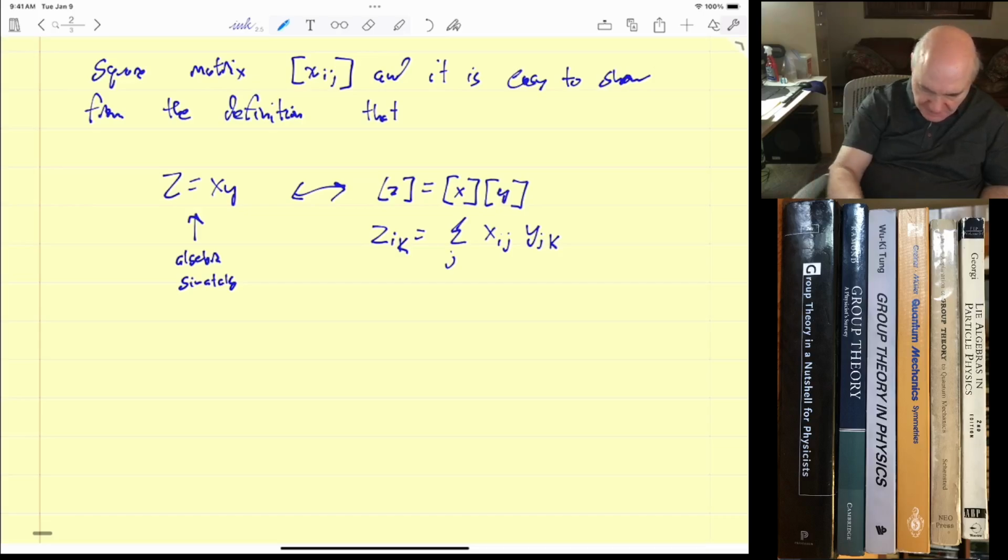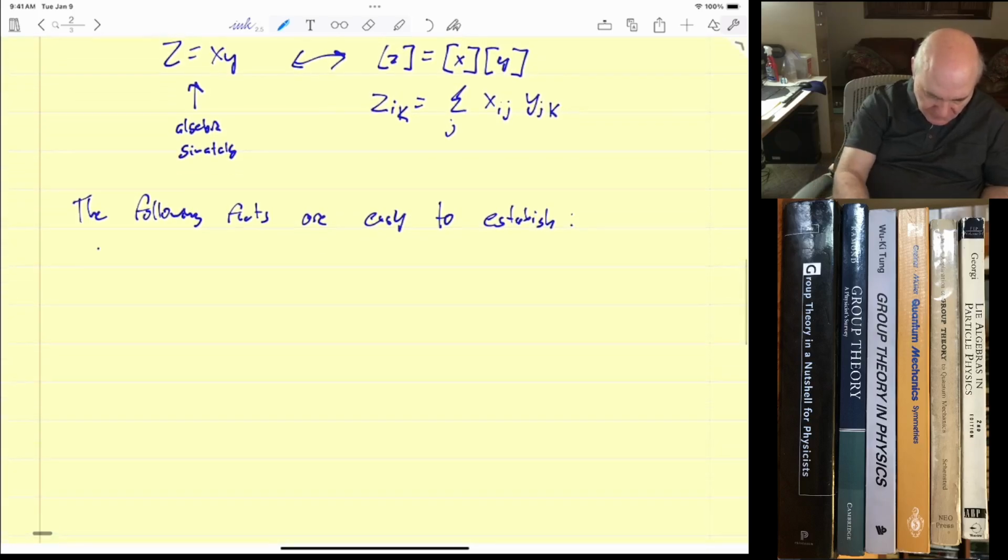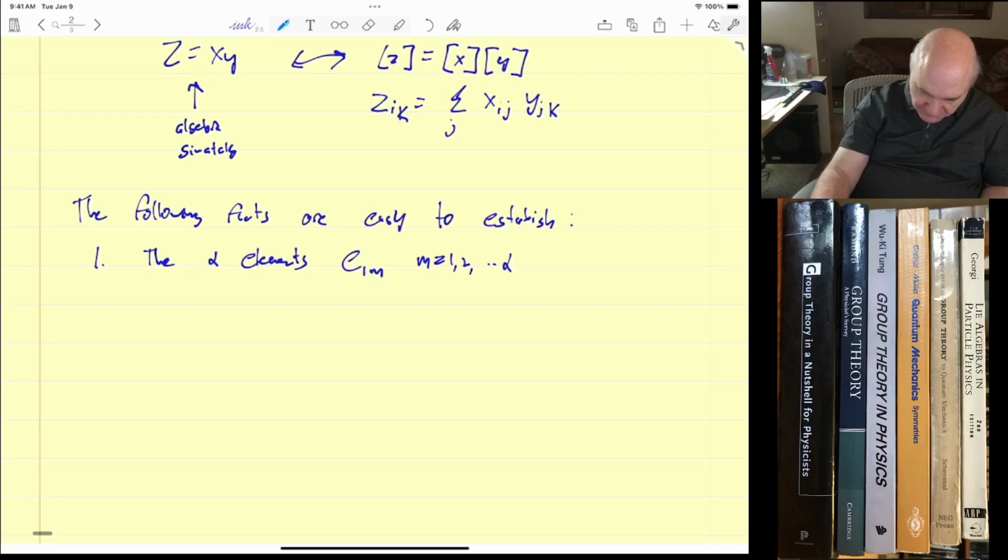Now, the following facts are easy to establish, and if you can't establish them, then I suggest you read the book. So 1, the alpha elements E_1M, M equal 1, 2, up to alpha.